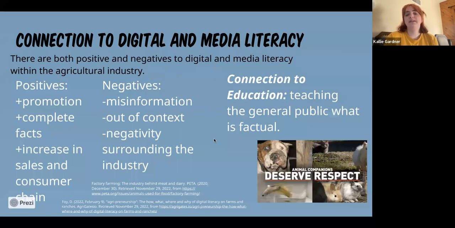Negatives. Misinformation. A lot of times, people are uninformed when it comes to the livestock industry, in specifics to the agricultural industry. Companies like PETA will take photos out of context and say that it's one thing when it really is another.